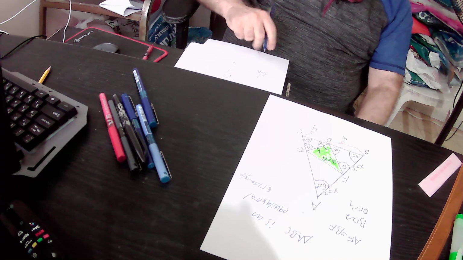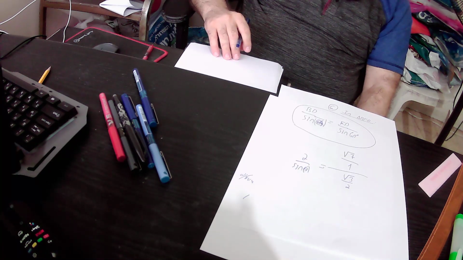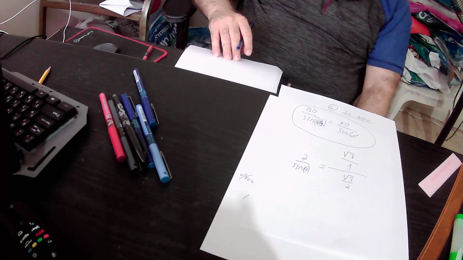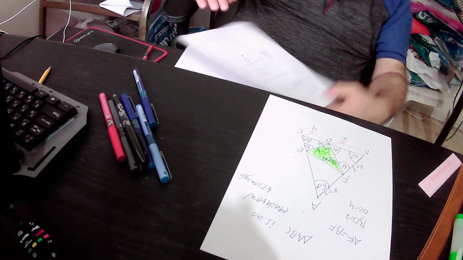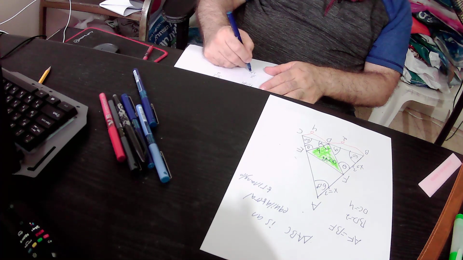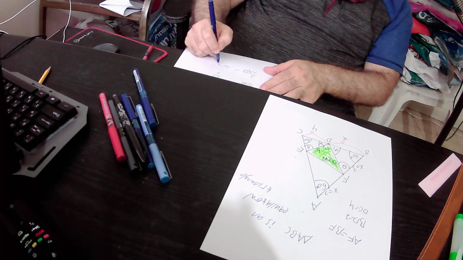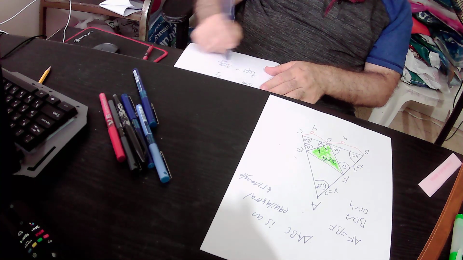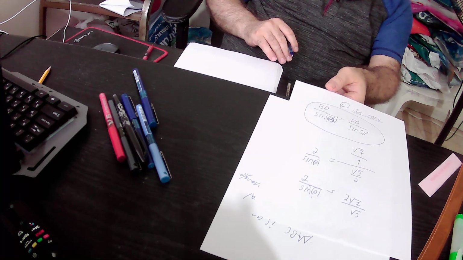So we got that 2 over sine theta equals root 7 over root 3 over 2. Here we can do the simple arithmetic. We'll get 2 times root 7 over root 3 equals 2 over sine theta.